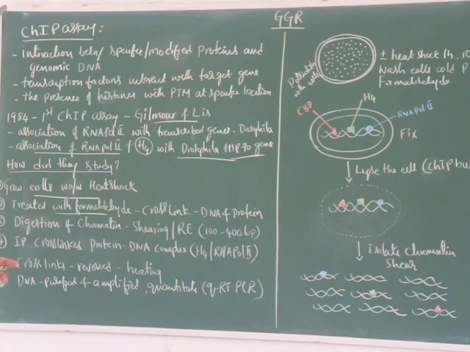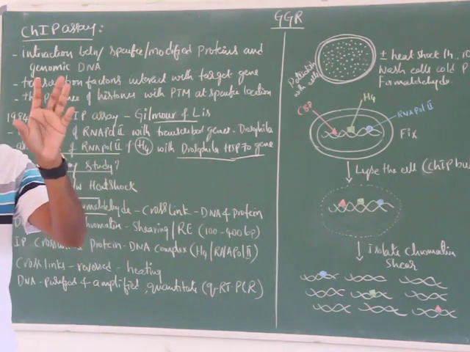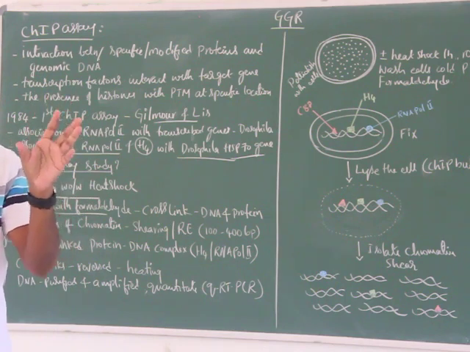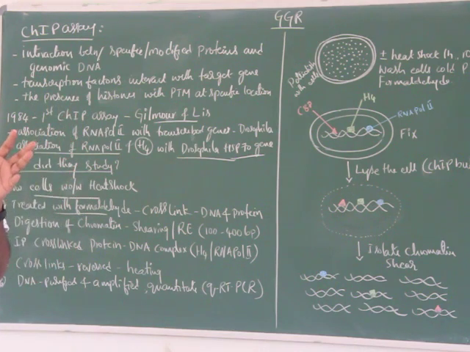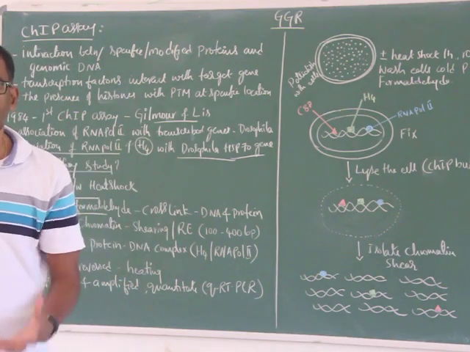Because here, unlike immunoprecipitation, in immunoprecipitation you just target any protein and then take antibody, right? And that antibody is coated with agarose beads, protein A agarose beads, right? That protein A or protein G agarose beads can bind to specific antibody and then you can pull down the target protein.